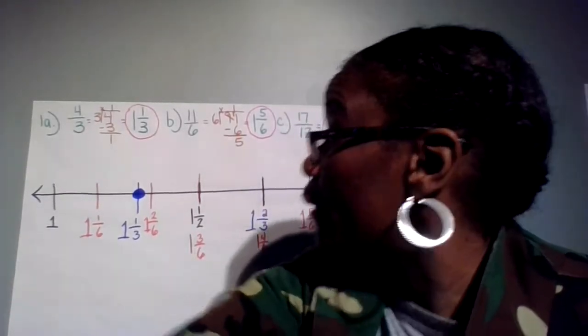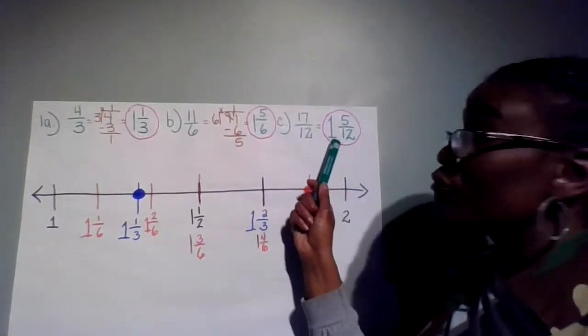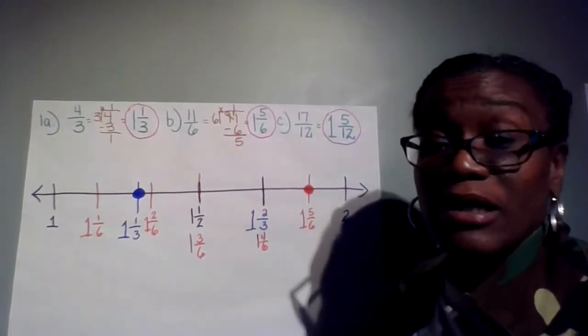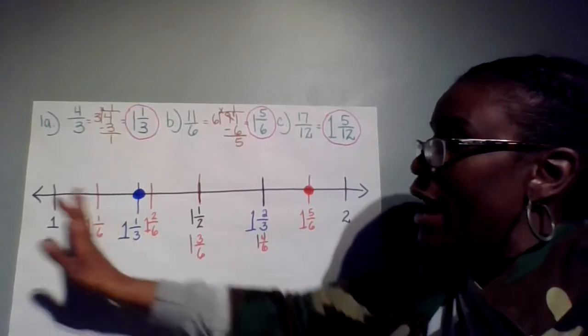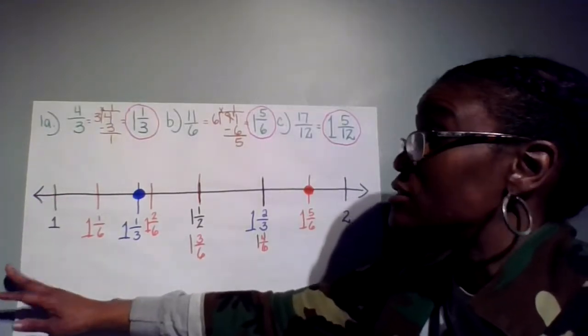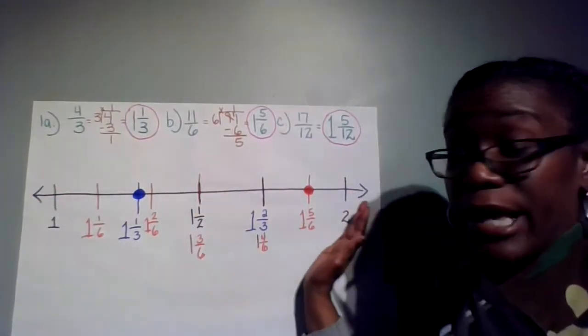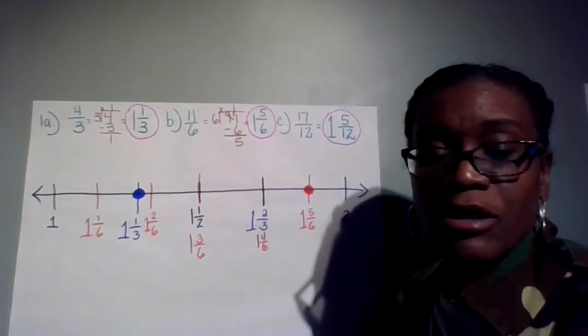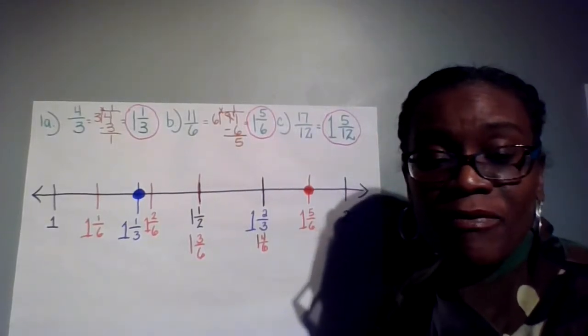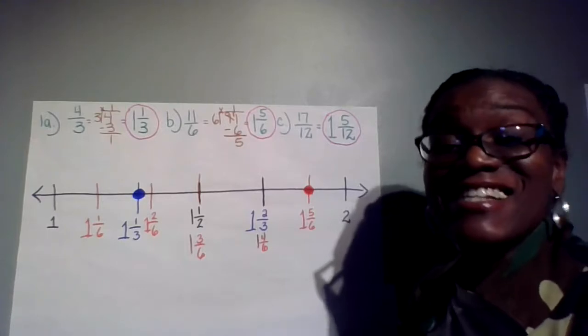And so now I'm going to use green for 1 and 5/12. Again, that means now I need 12 spaces between 1 and 2. So scholars, what's half of 12? Yes, it's 6.